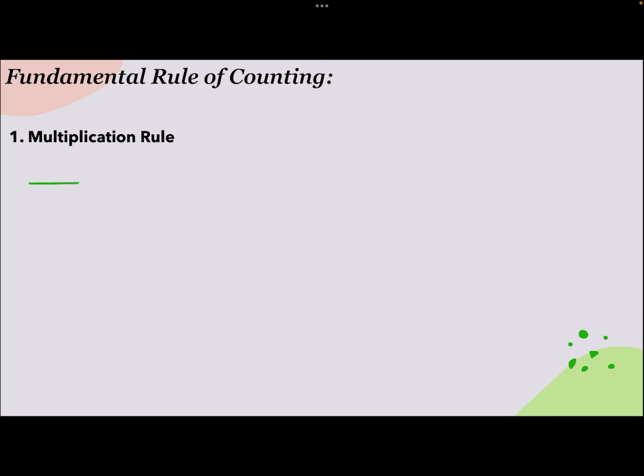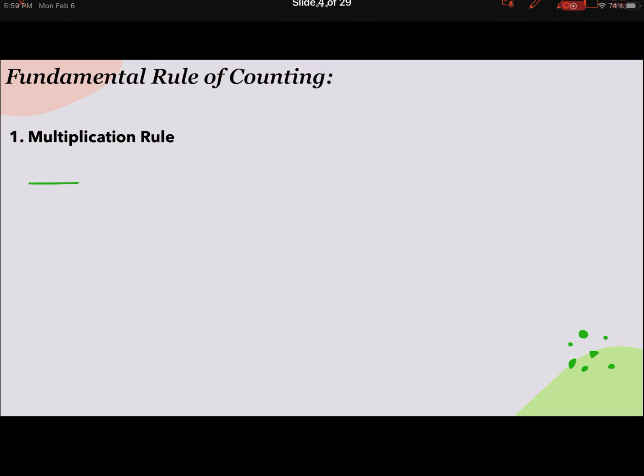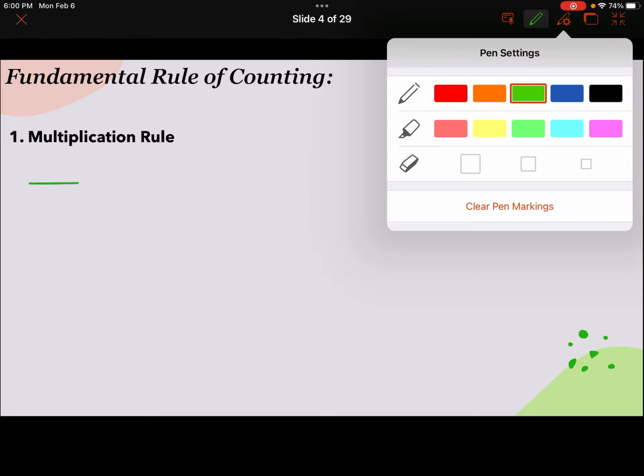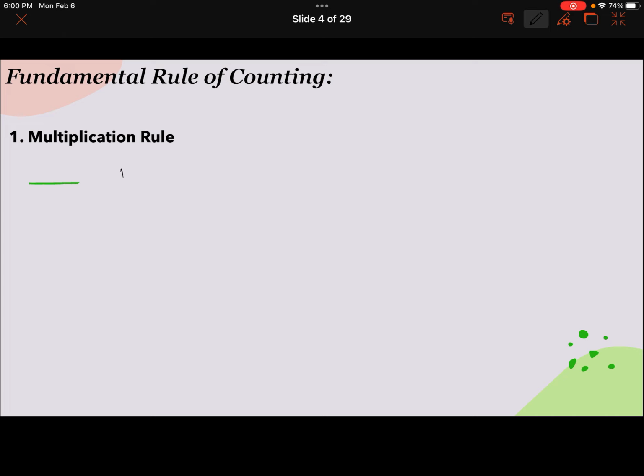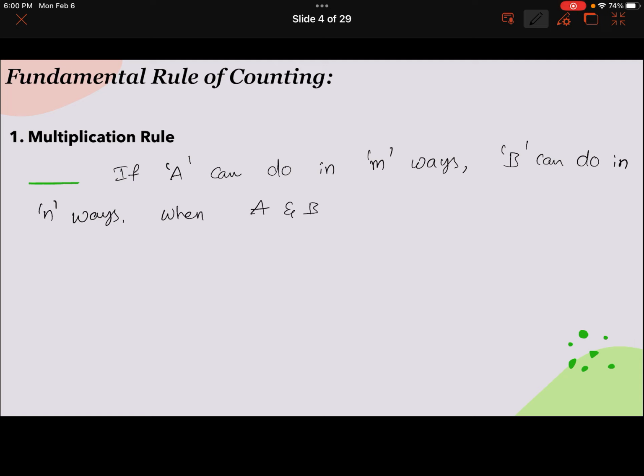Next, the multiplication rule. The multiplication rule is defined as: if A can be done in m ways and B can be done in n ways, then A and B together can be done in m into n ways.